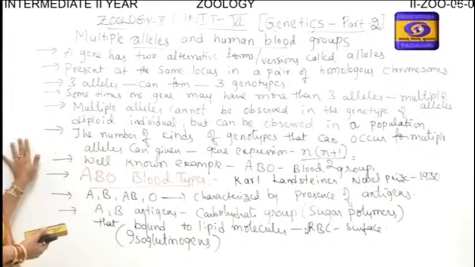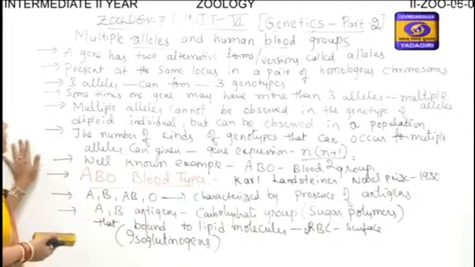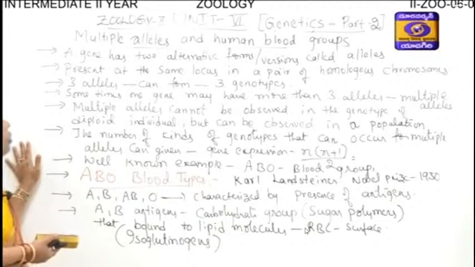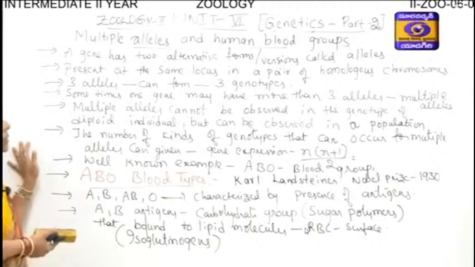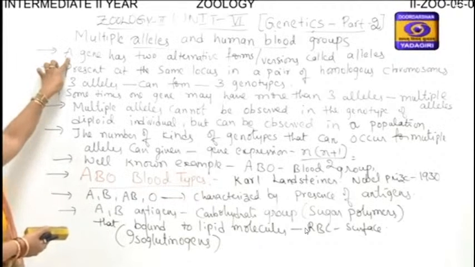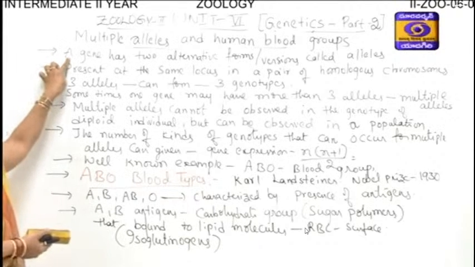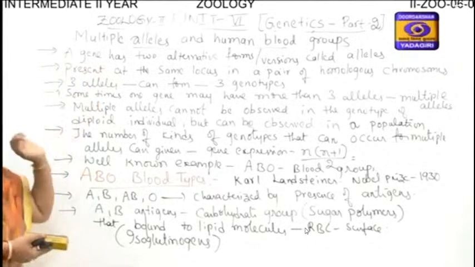Here, as we know inheritance and variation, let us see the important topic in our genetics: multiple alleles and human blood group. Before that, let us know what is meant by multiple alleles. A gene has 2 alternative forms or versions, which are known as the alleles.